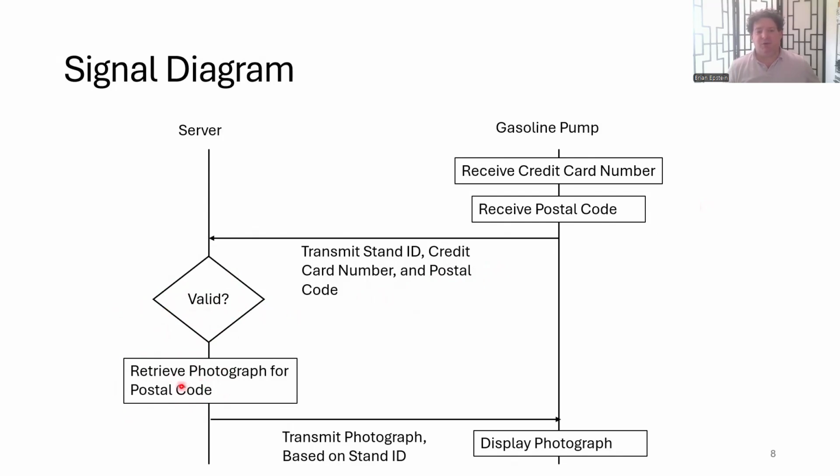It retrieves the photograph for a postal code, and it transmits the photograph based on the stand ID. And then eventually the gasoline pump displays the photograph. This is kind of the overall flow, right? I mean, we don't need to perform the validation if the postal code that we're using is just the gasoline pump.